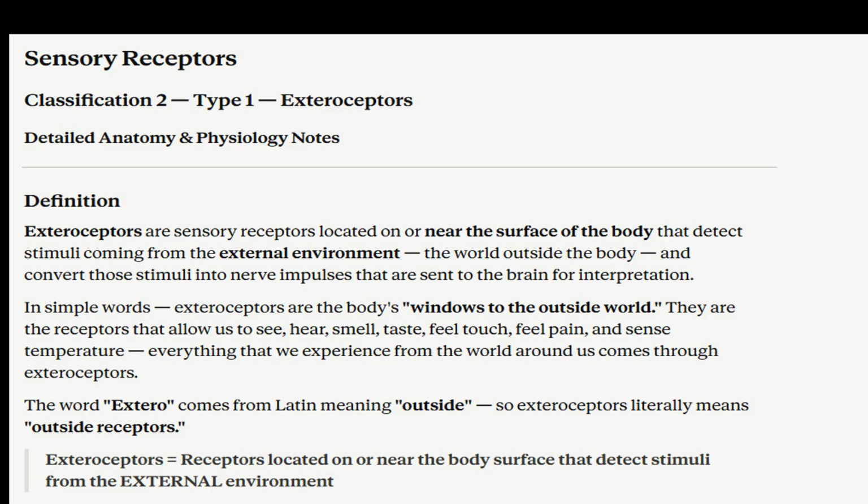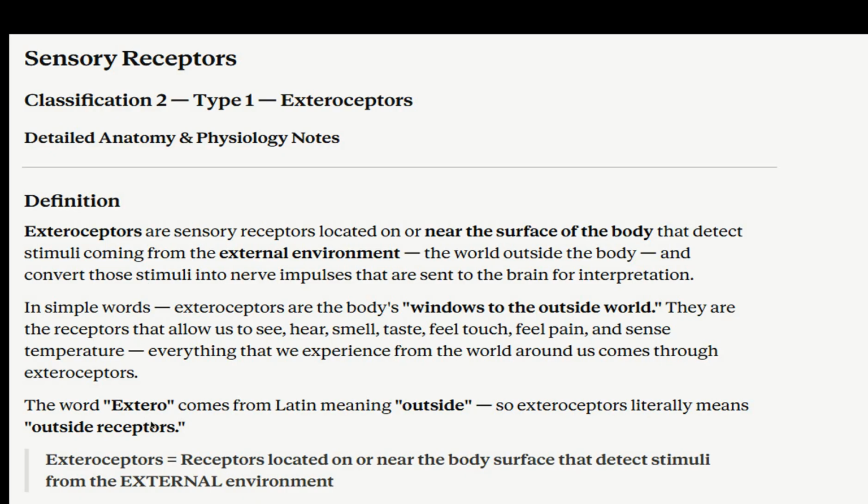In very simple words, you can say exteroceptors are the body's window to the outside world, and they are the receptors that allow us to see, hear, smell, taste, feel touch, feel pain, and sense temperature. Everything that we experience from the world around us comes through the exteroceptors.